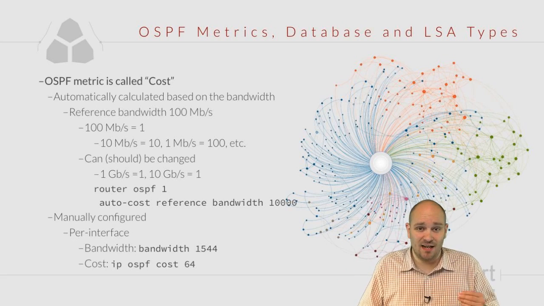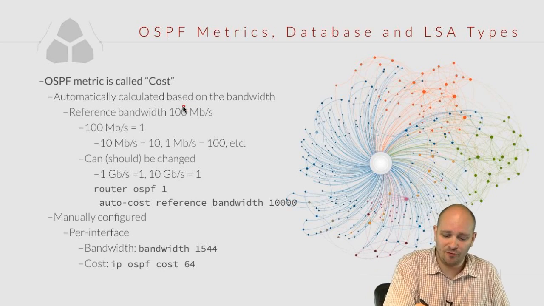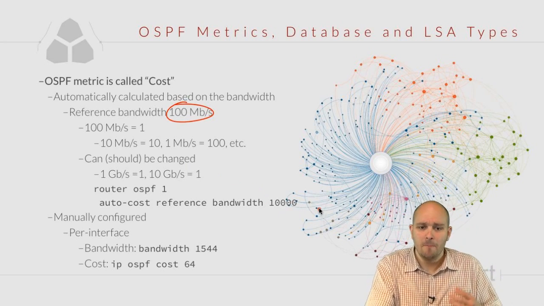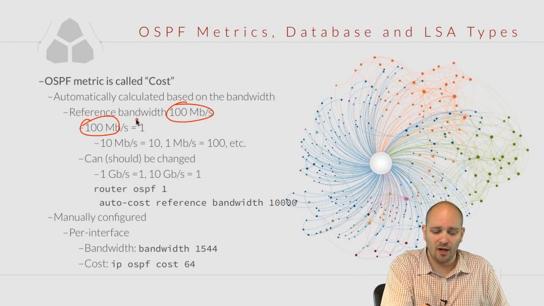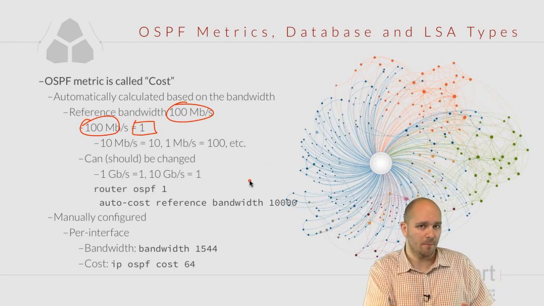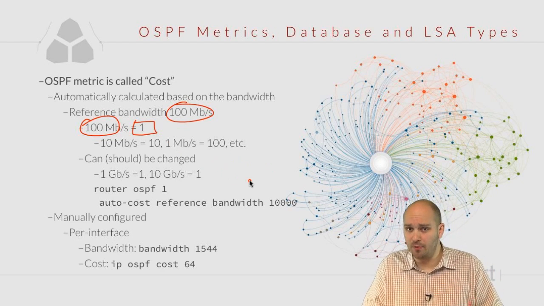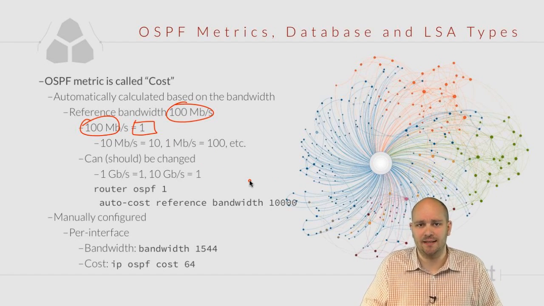And there is a certain bandwidth in OSPF, which is by default 100 megabits per second, called the reference bandwidth. The reference bandwidth simply means that this bandwidth will have a cost of 1. This was fine when OSPF was originally designed, and remember, the RFC was written back in, I believe, 1998.